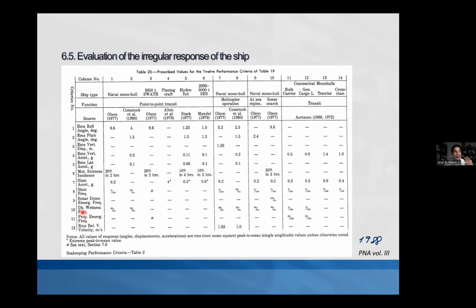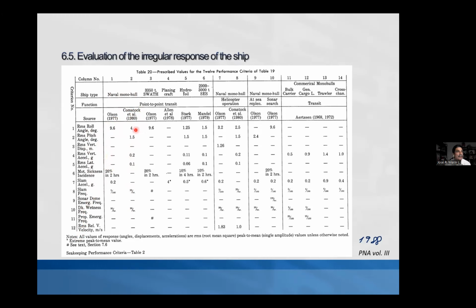Now one of the problems with this is that you see that this author recommends 9.6, but this other author, even though both are naval monohulls, recommends a very different value. So we have a problem there.